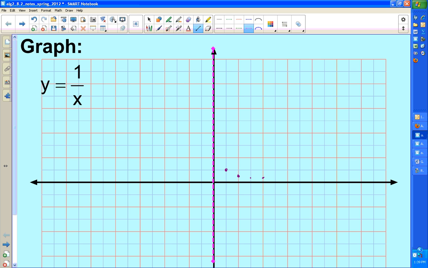Tell me another point. 1/2 and 2. Very good. 1/3 and 3. 1/4 and 4.